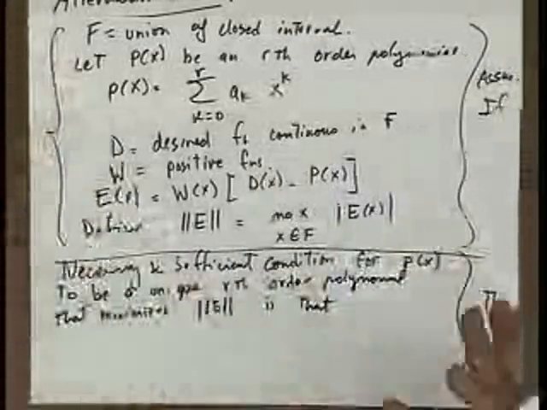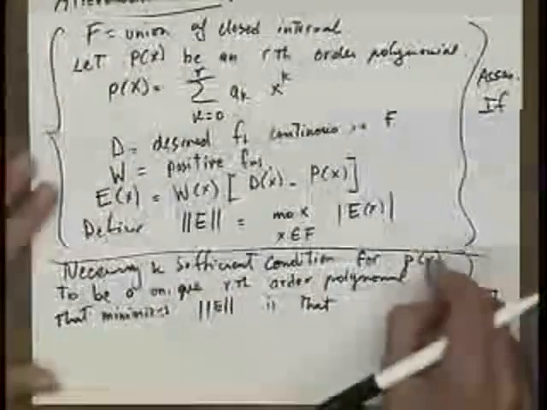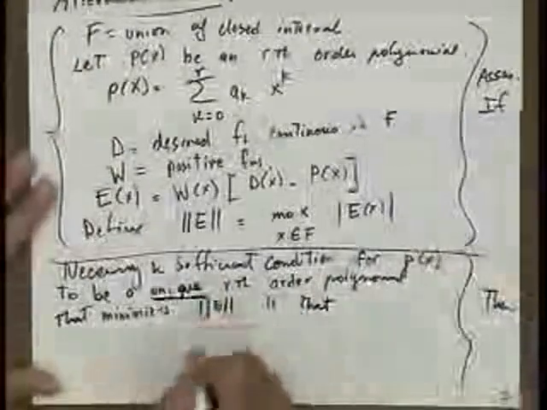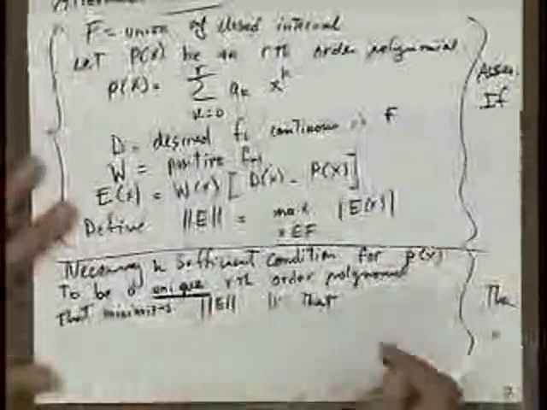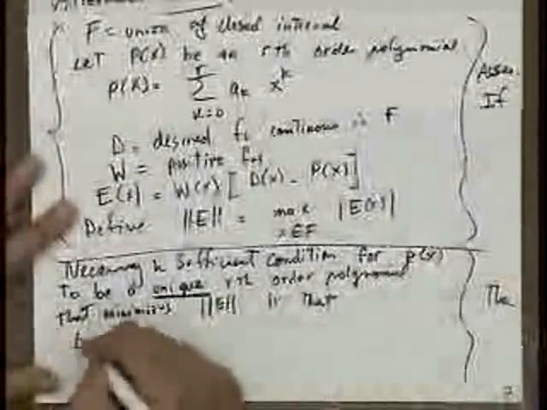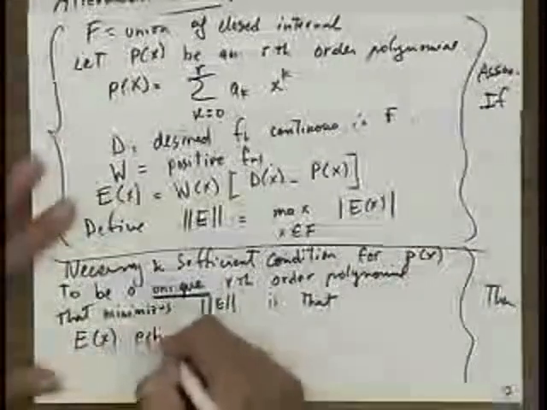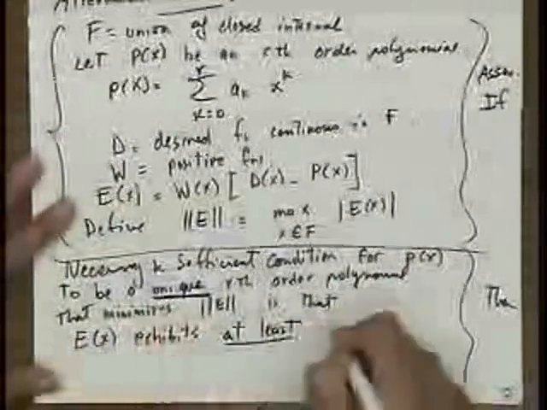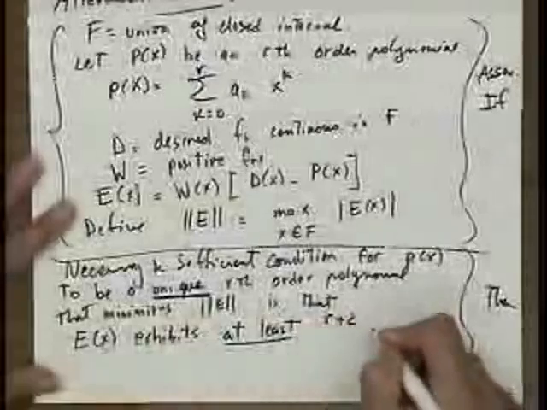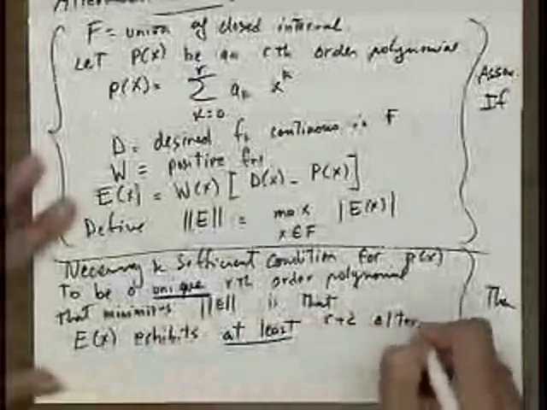It says the necessary and sufficient condition for this polynomial to be a unique, and I underscore unique, nth order polynomial that minimizes this is that what? Here's the thing. E of x exhibits at least, and I'm going to underscore at least, r plus 2 alternations.